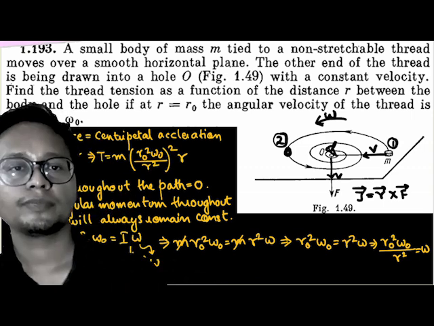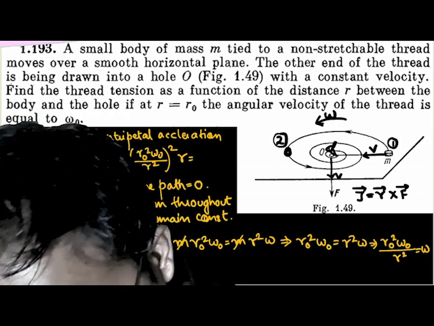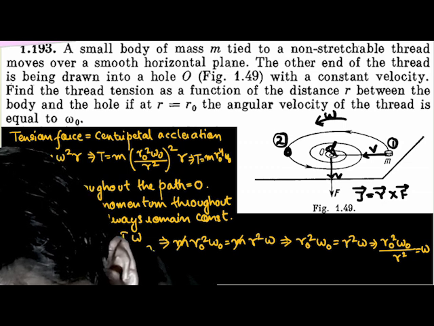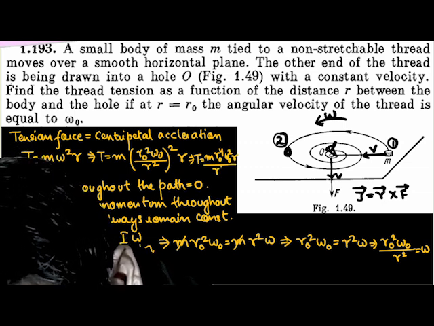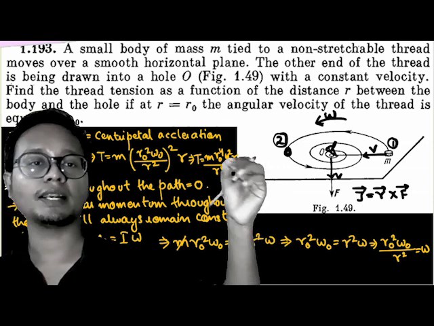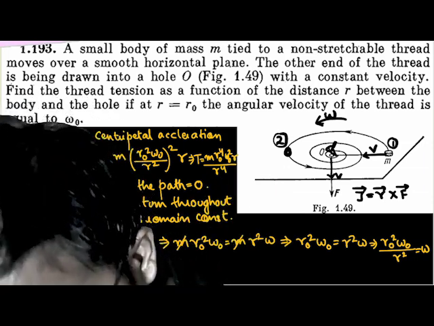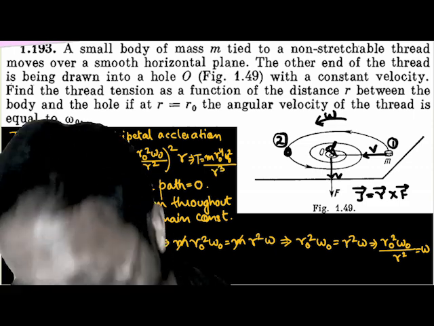So the tension force will be m into r naught to the power 4 omega naught square, then r divided by r to the power 4. If I cancel out this r and this r to the power 4, it becomes r cube in the denominator.